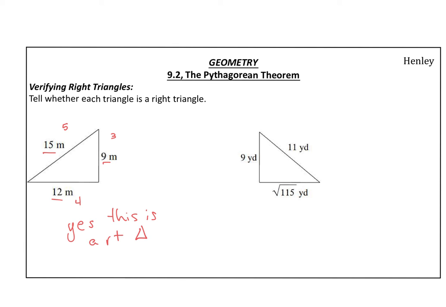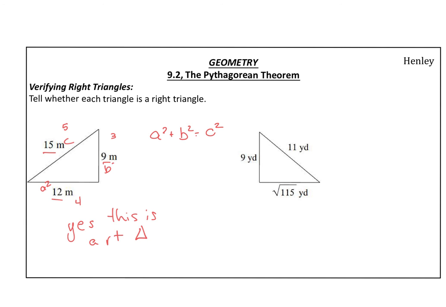You can also do a squared plus b squared equals c squared. If you do this and they are equal, then it is in fact a right triangle. Now, a squared, that's going to give us this one, and this is b, and this is c.